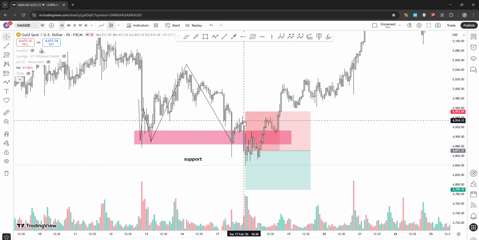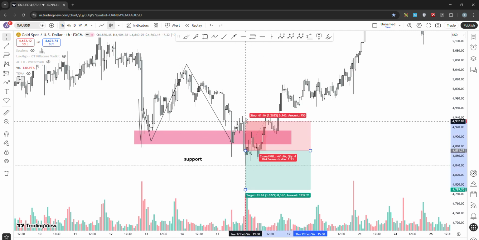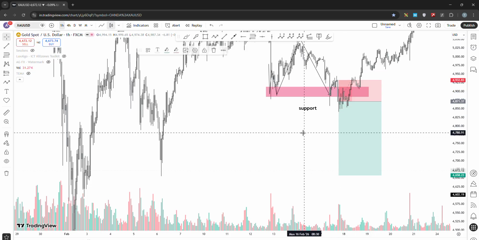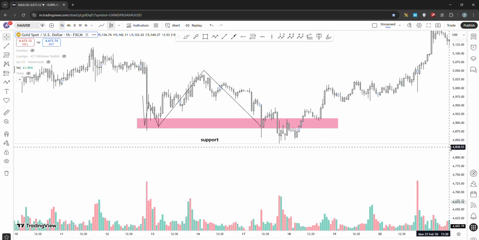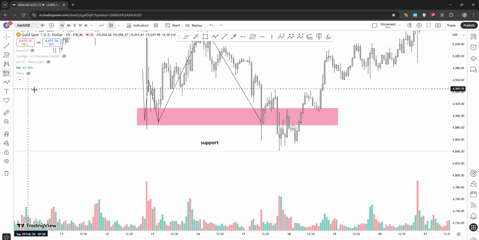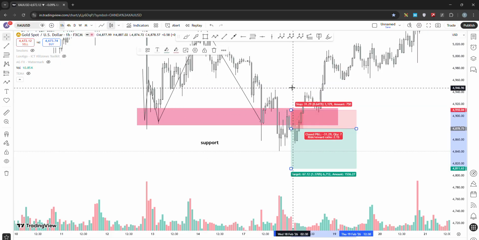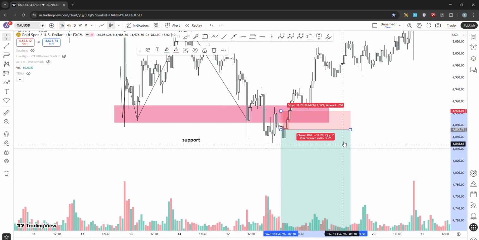They will sell because we have got a massive candle closing just below this support, breaking the support. So they will sell with stop loss above the candle and target this low, but they will also get taken out. And the passive sellers will come after a retest and a rejection. So they will sell here, stop loss above the high, targeting the lows, and they will also get taken out.